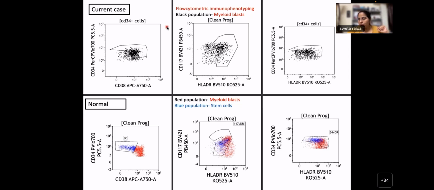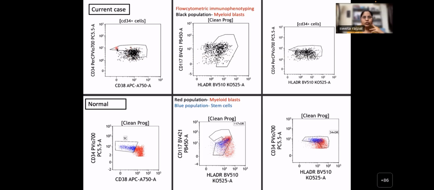So let us compare and see if these current case blasts are normal or abnormal. Would you like to say, do you see any difference between CD38 versus CD34 in the upper versus lower, that is compared to normal? It is different. So what difference are we seeing? The intensity of CD34 is less. Yes, correct. And in CD38, we are seeing clustering.